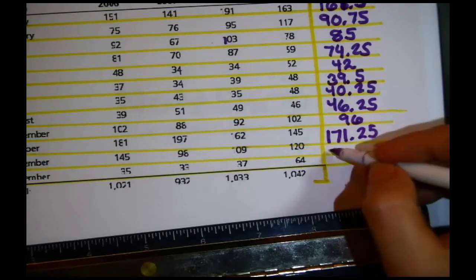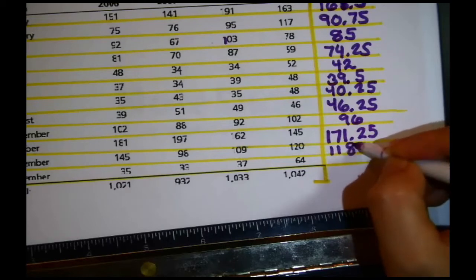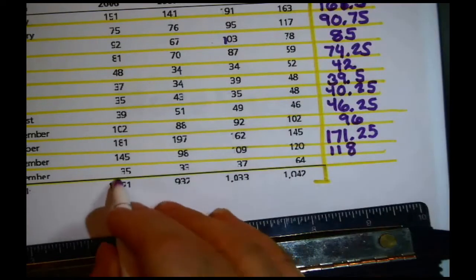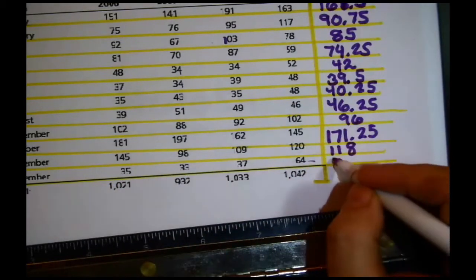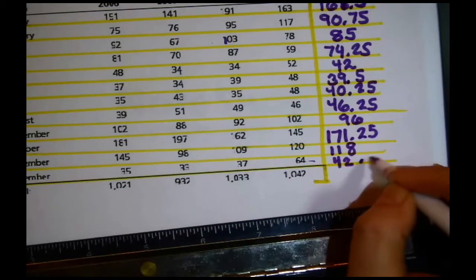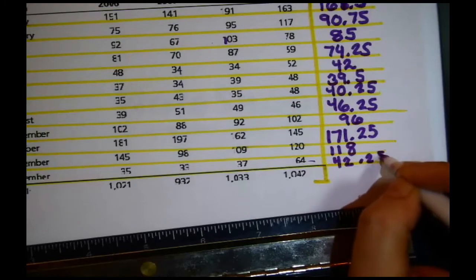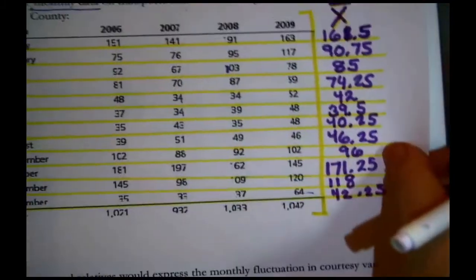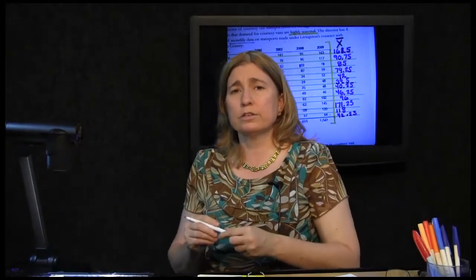In November, I get an average of 118 van transports. And then this drop off in December, average these numbers together, and I get an average of 42.25. Okay, this column of numbers that we've created, this is the first step towards creating that set of seasonal relatives that was asked for.